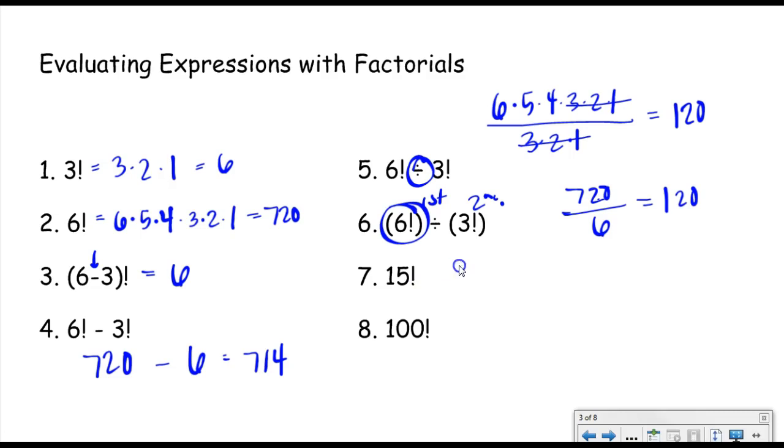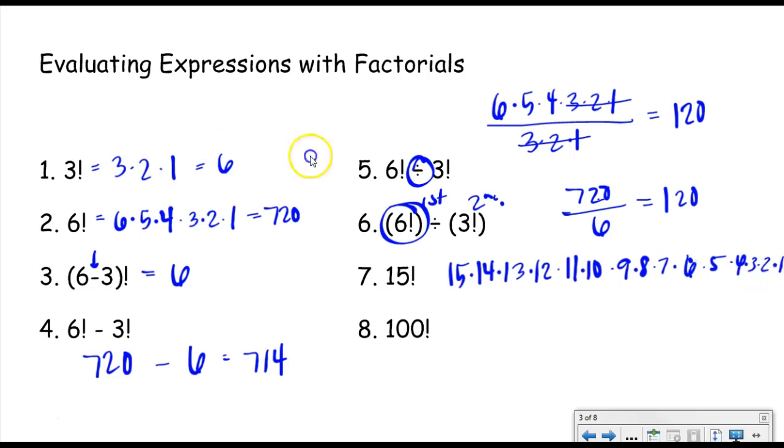So 15 factorial, that's next. 15 times 14, 13, 12, 11, 10, 9, 8, 7, 6, 5, 4, 3, 2, 1. It's going to be a really big number. If you are using your iPhone, flip it sideways and go to the very left-hand side, there's an X with an exclamation mark.